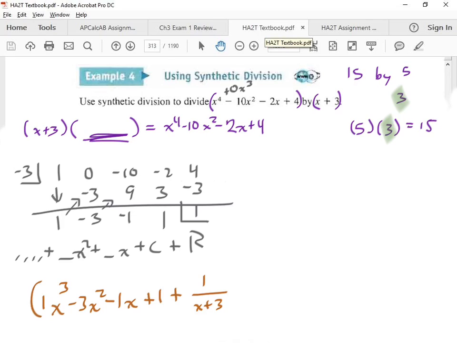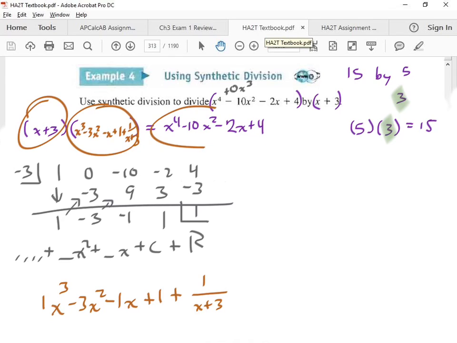Now, you don't have to write this one or this one, but I'm writing it just for the sake of us doing it. So we would write our answer right in here. To make it make sense, we have x to the 3rd minus 3x squared minus x plus 1 over x plus 3. Now, this just says this times this gives us this. That's all it says.